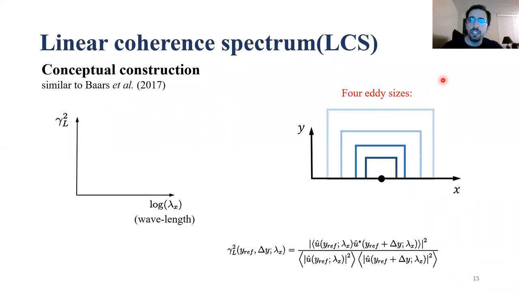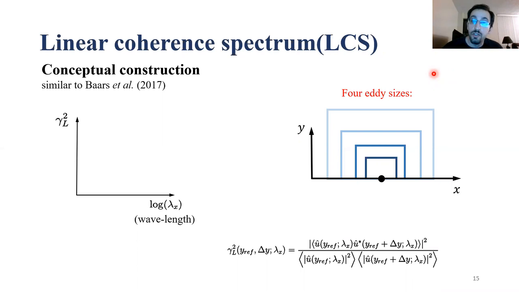Now, in this slide and the next few slides, I'm going to conceptually construct the linear coherence spectrum for a jet flow, with the assumption that the flow is populated with hierarchical eddy structures.